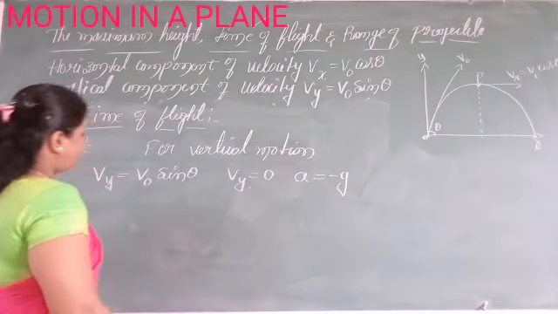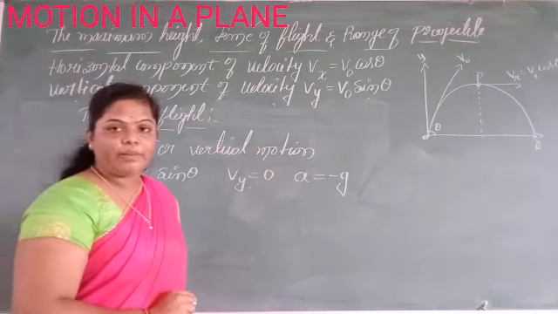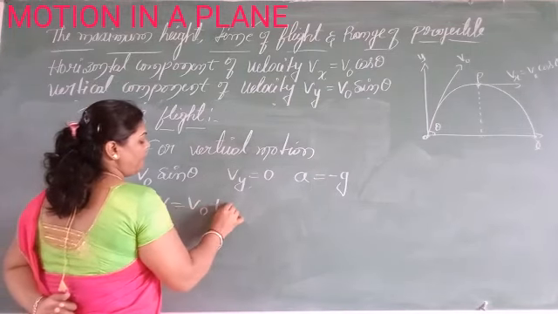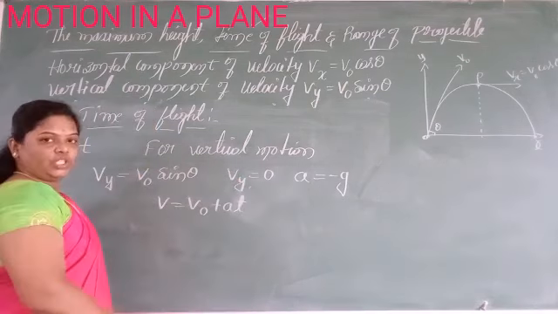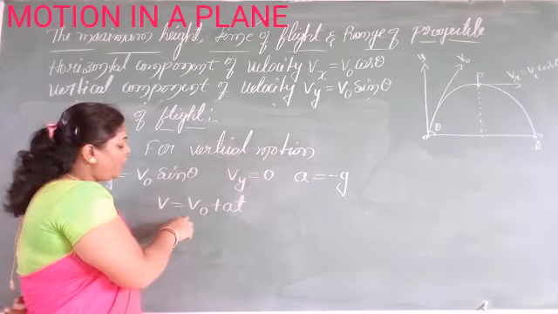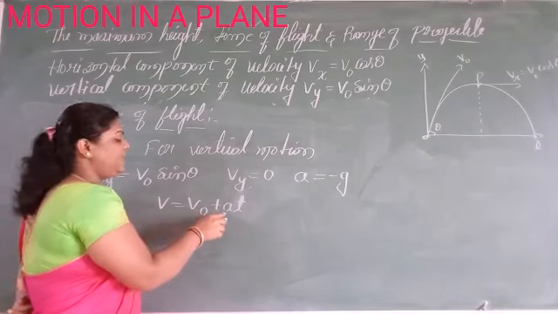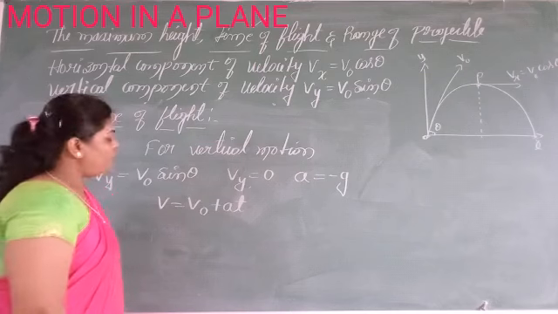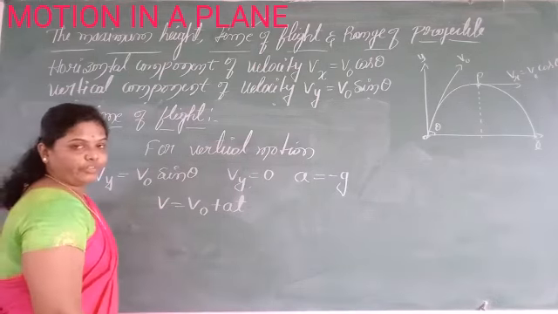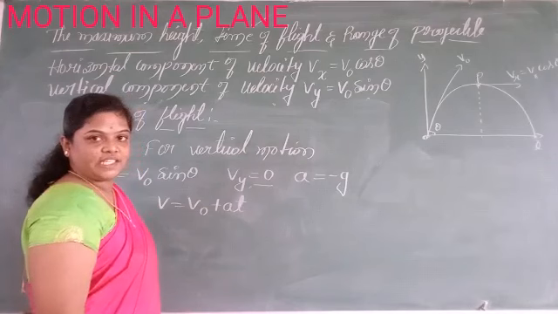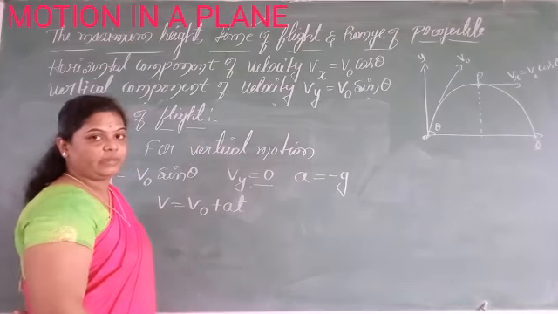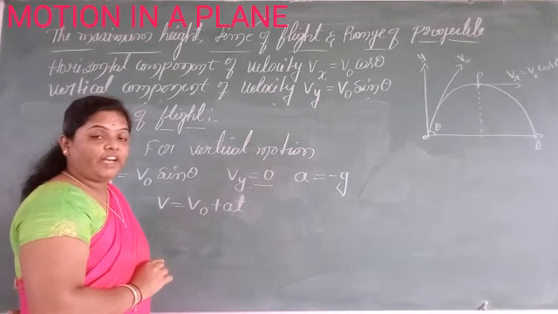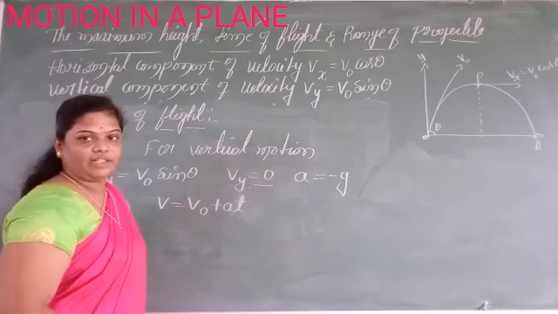Now let's see, by using one of the kinematic equations, that is v is equal to v naught plus at. So v is the final velocity, v naught is the initial velocity, a is the acceleration, t is the time taken. Maximum height must be reached; only when maximum height is reached does the velocity become 0, and when the velocity is 0, it comes down.